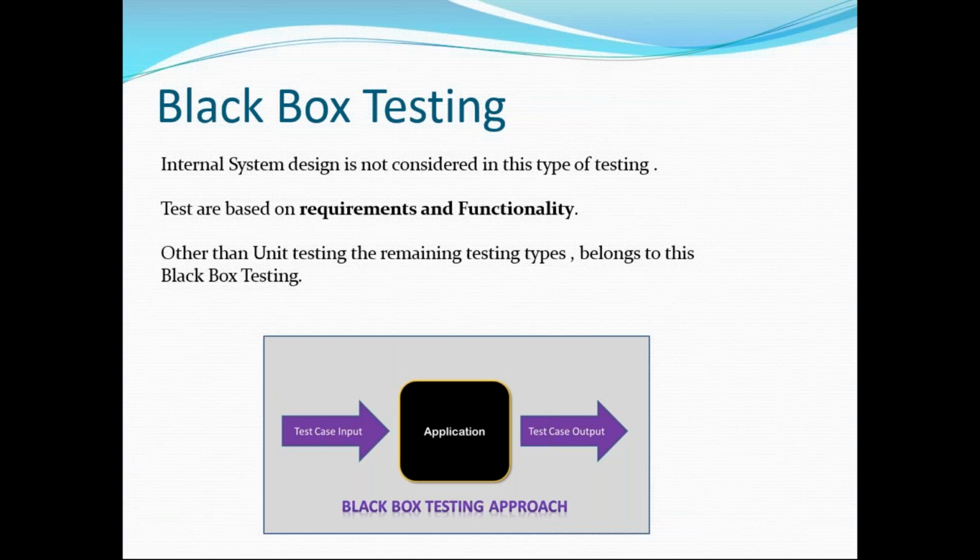Because we never see the code, then how will we test? Always put a question mark. We are always based on requirements and functionality. I'm never bothered about what code you have written, whether in ASP.NET, Java, Ruby or Python, whatever language you use. We never see the code.